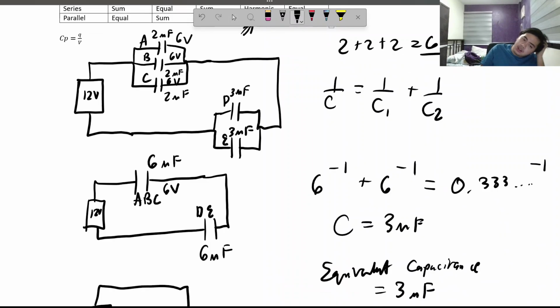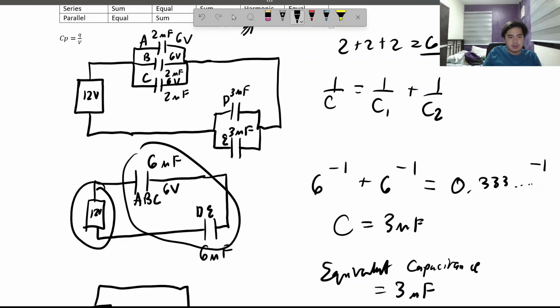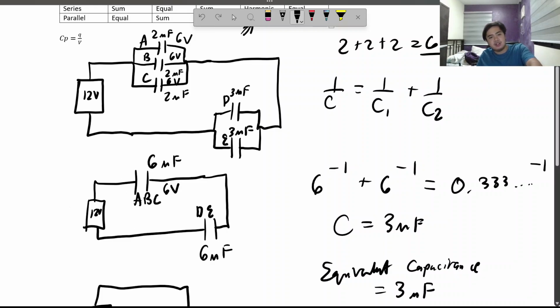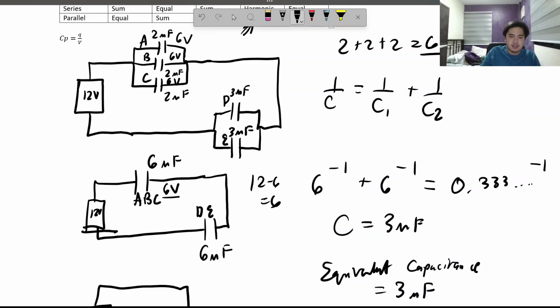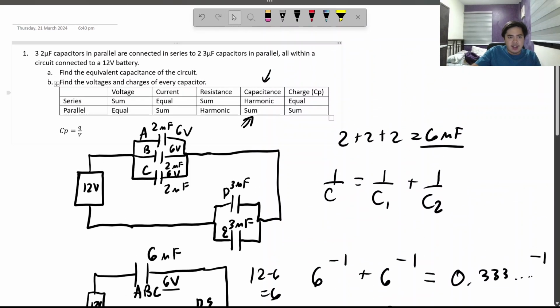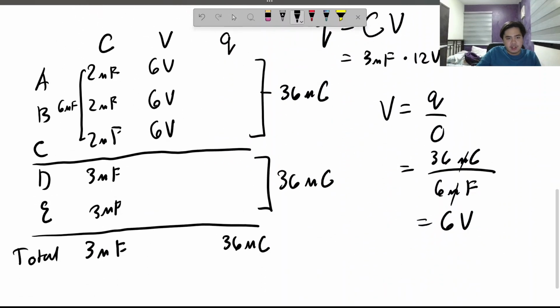According to Kirchhoff's law, the amount of voltage drops here should be the same here. It's for resistors, but it also applies here. So this has 6 volts. The total is 12 volts. 12 minus 6 is equal to 6. This also has 6 volts. And voltages in parallel are equal, so these both have 6 volts.